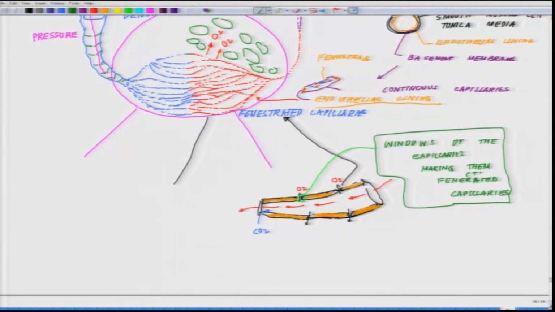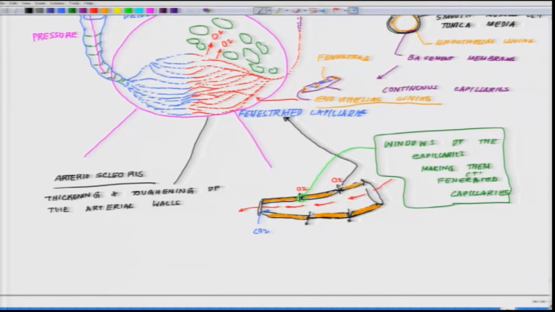But then, having said this, I will introduce another word which is called arteriosclerosis. You must have heard this word at some point or other. What is arteriosclerosis? Arteriosclerosis is the thickening and toughening of the arterial walls.